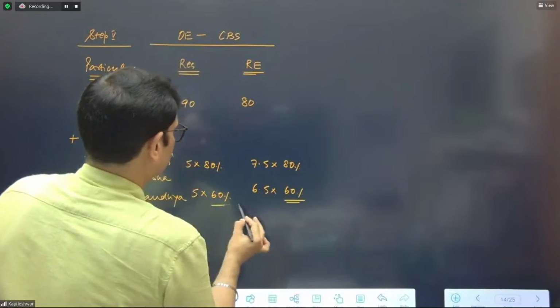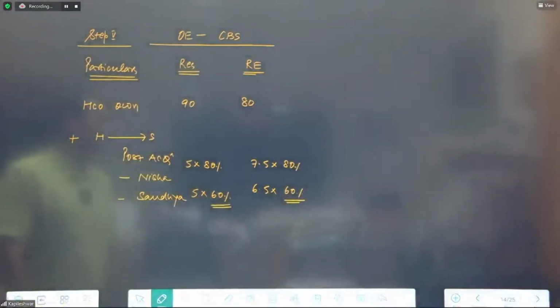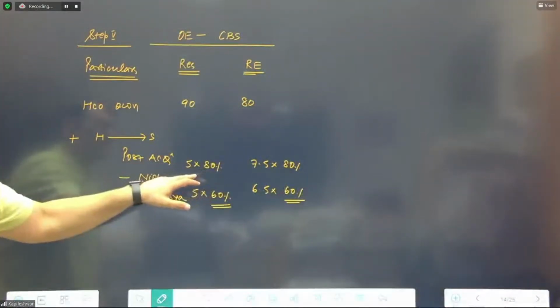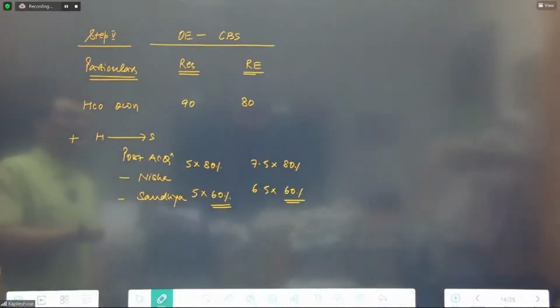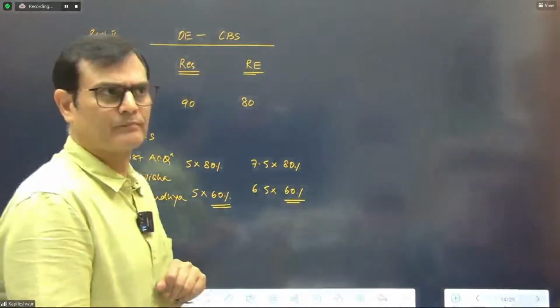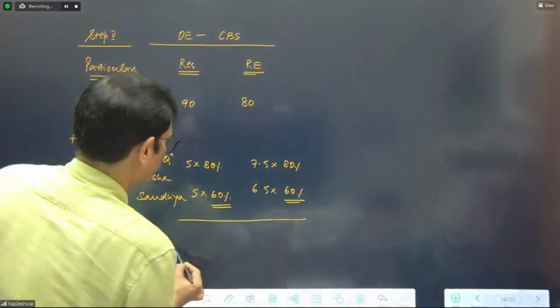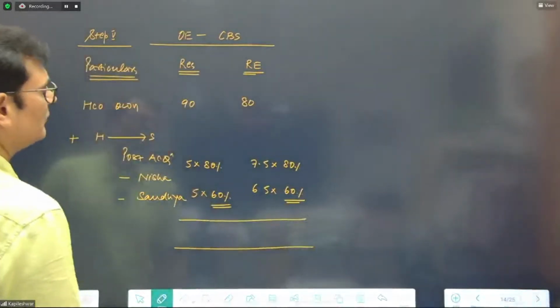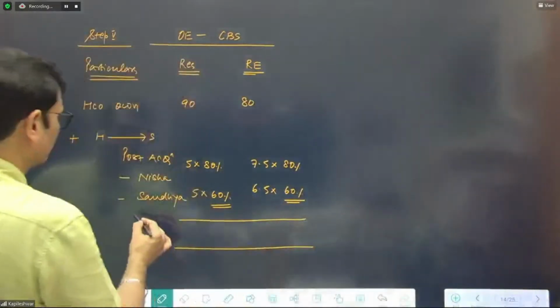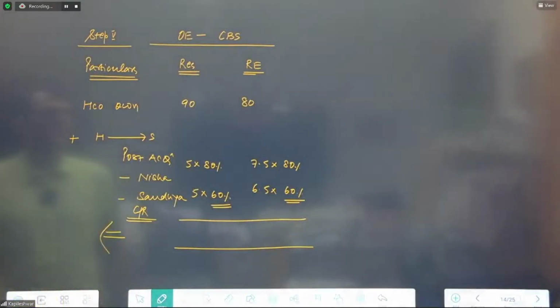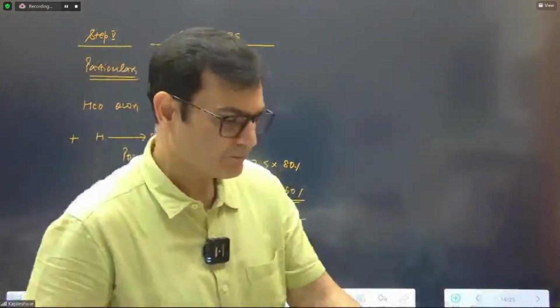So we got to consider a 60% in case of Sandhya. So 80% of the parent for Nisha, 60% for the parent in terms of Sandhya. Done. So this gives me the calculations, and I think we're getting a capital reserve. We'll just add the figure of capital reserve also, so that we can get the sum total of what is the other equity in the consolidated balance sheet.